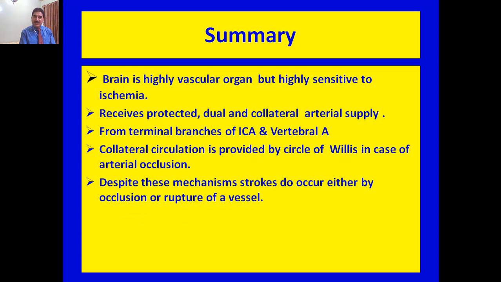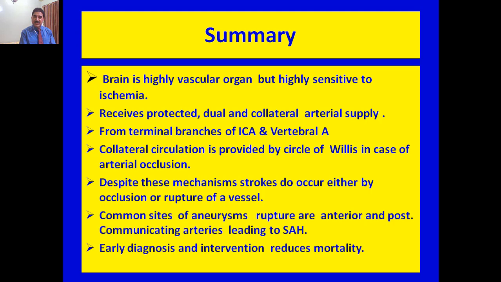Despite these mechanisms, strokes do occur, either by occlusion or rupture of a vessel, such as rupture of the anterior and posterior communicating arteries leading to subarachnoid hemorrhage. Early diagnosis and intervention of these ruptured aneurysms reduces the mortality.